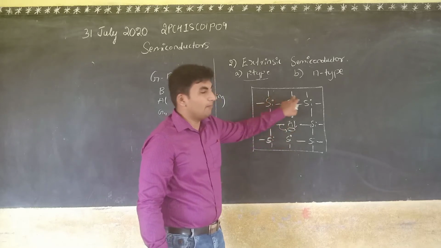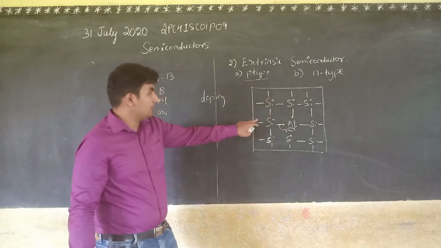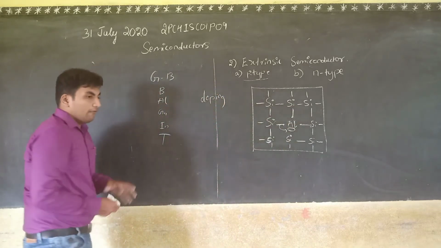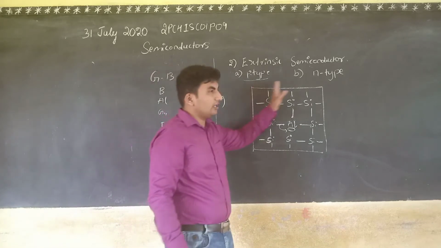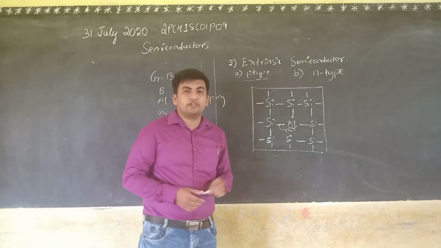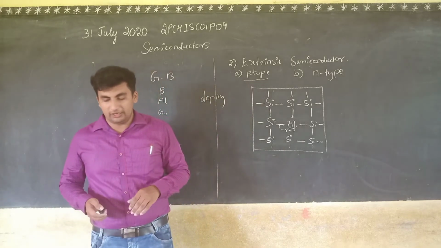Holes are the majority carrier. The charge carrier is holes. Remember that one. For that reason, it conducts electricity. This type of semiconductor is called a P-type semiconductor.